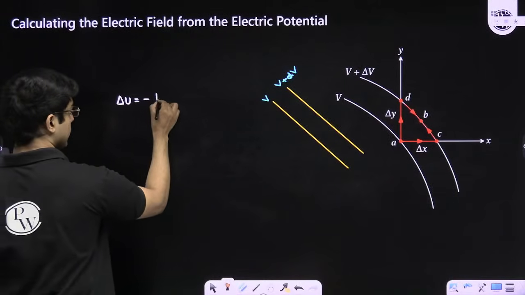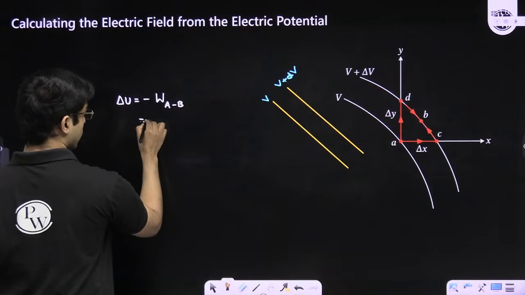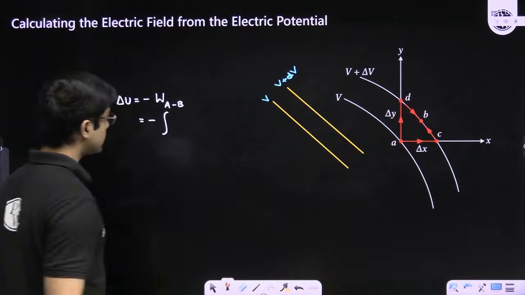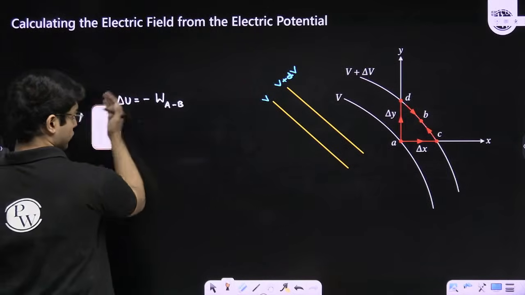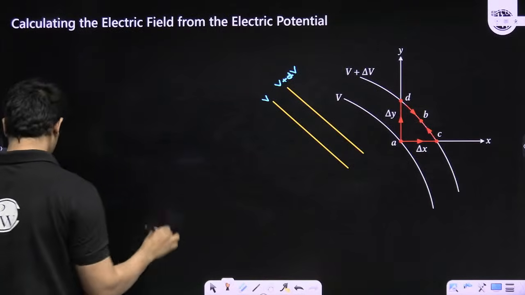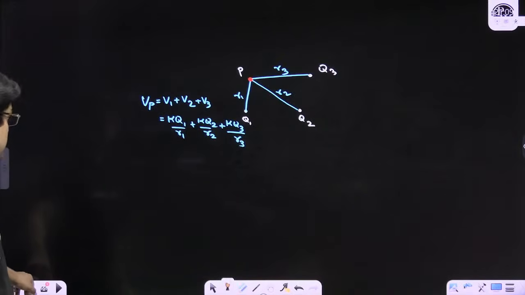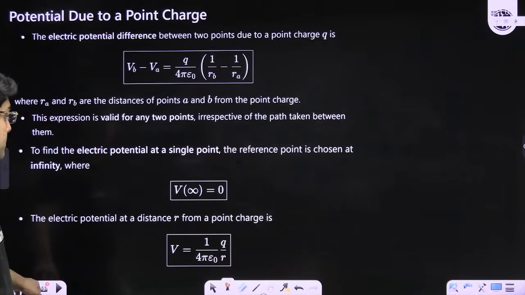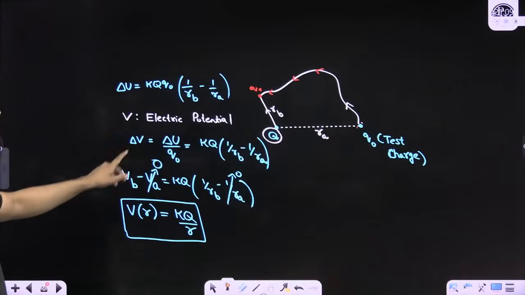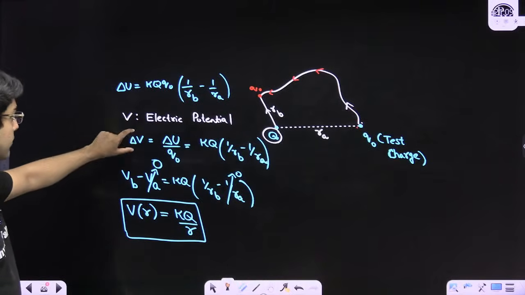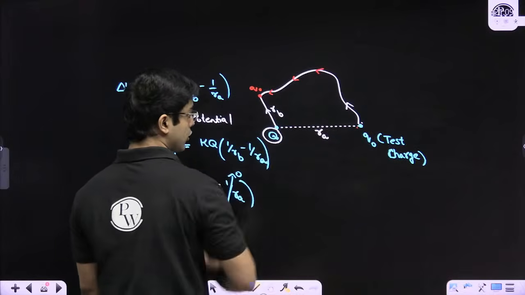This was the negative of the work done by the electric field to go from A to B. In this particular page, when we derived the potential difference, we were moving a Q naught charge while keeping Q fixed.